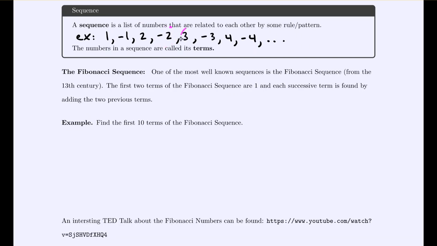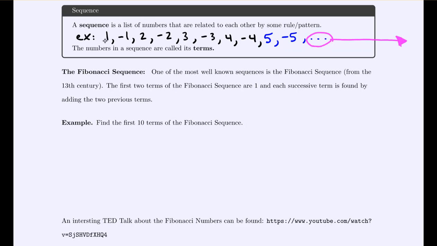Then the pattern continues, we would get 3, and then -3, and then 4, and then -4. So if we were to write out the next terms in the sequence, we would get 5 and -5. And this pattern would continue forever, which is the meaning of the 3 dots. It just says the pattern continues as expected out forever.